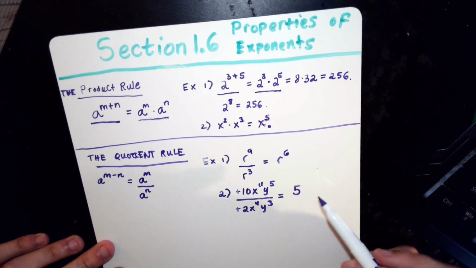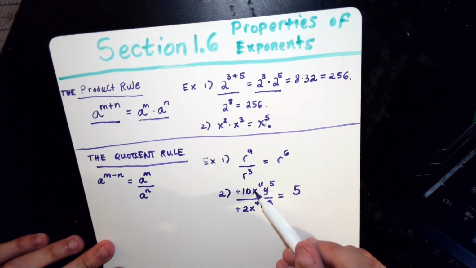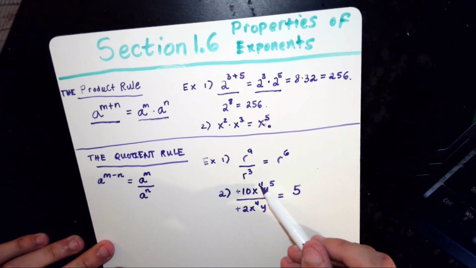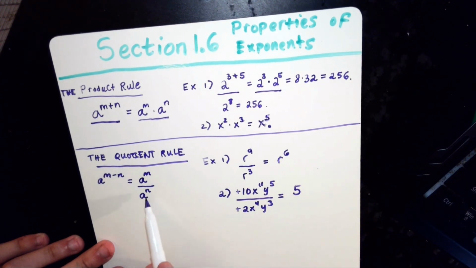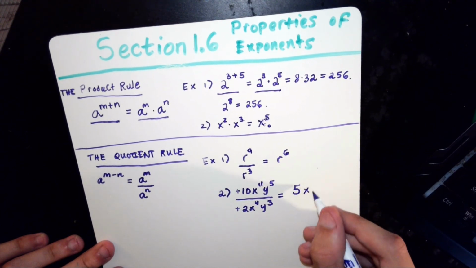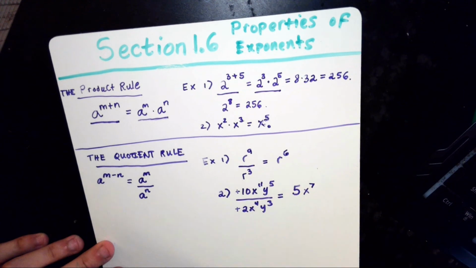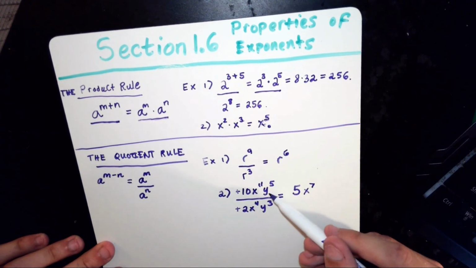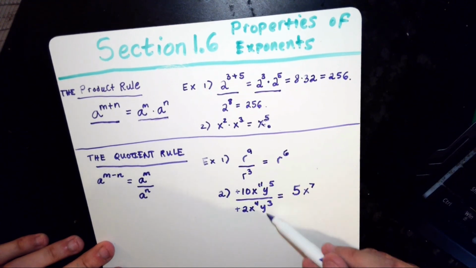The next thing is we'll look at x to the 11th on the top and x to the 4th on the bottom. Well, this is just like this situation over here. We have x to the 11th on top, x to the 4th on the bottom, so we just subtract. So 11 minus 4 is 7. And then similarly with y, we have y to the 5th over y cubed.